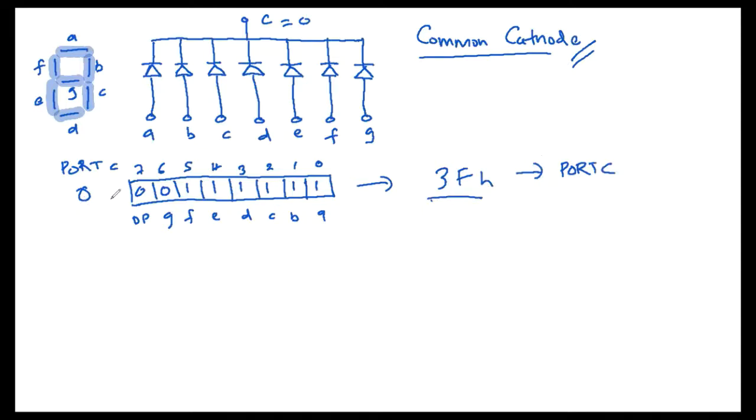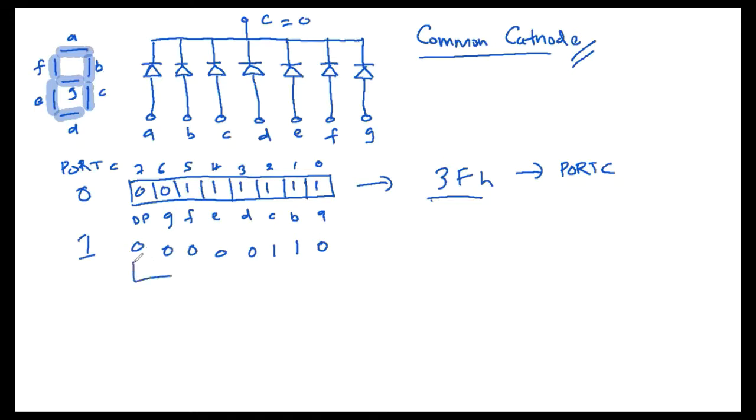Now if I want to display 1, then segment A will be 0, B will be high, C will be high, D will be 0, E will be 0, F will be 0, G will be 0, and DP will be 0. So if I want to display number 1, only B and C need to be high.